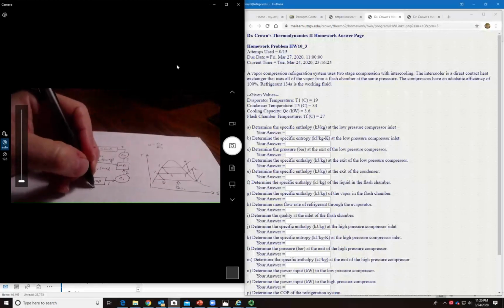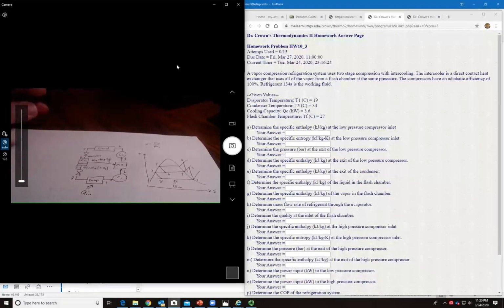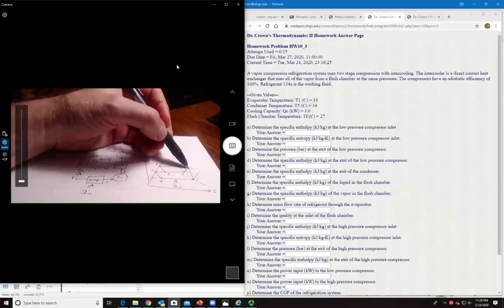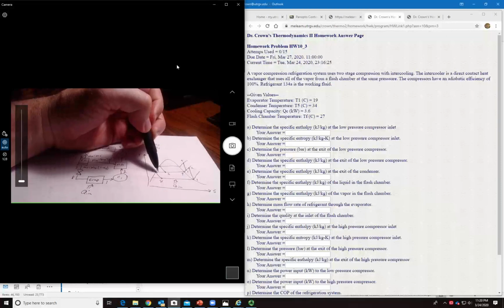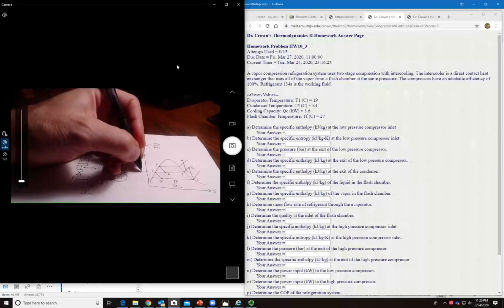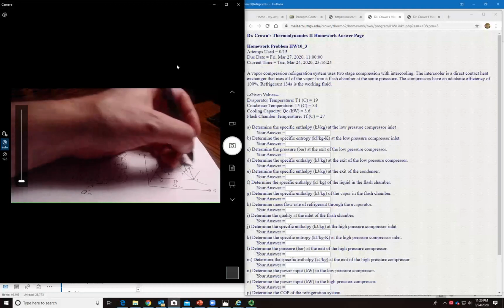And it's very much like the other problem. We have the 2 stages of compression. So we have this isentropic compression. This pressure here we can find from the temperature of the flash chamber. So this T7 is given. From that we can find this pressure line, P7, right?